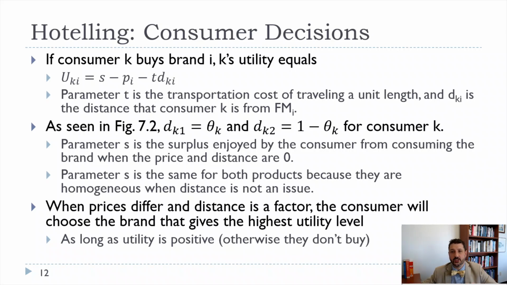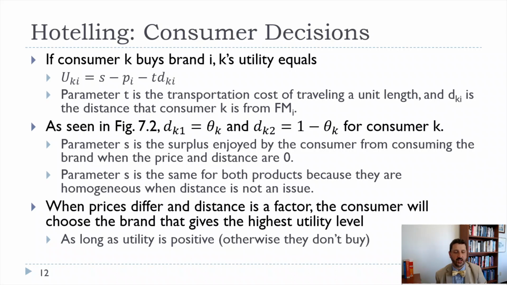We're going to say that the utility for buying brand i, so either 0 or 1, for consumer k is S. So S is some utility that you get from consuming the product, minus the price that you have to pay, right? So either from firm 1 or 2, minus some transportation cost. And this idea of transportation cost is used a fair amount, right?